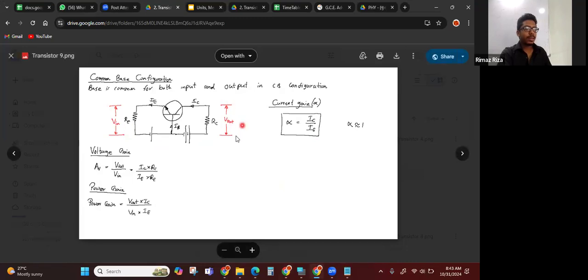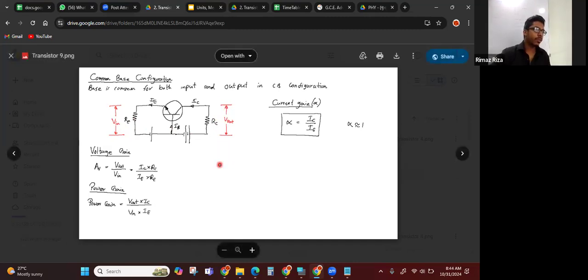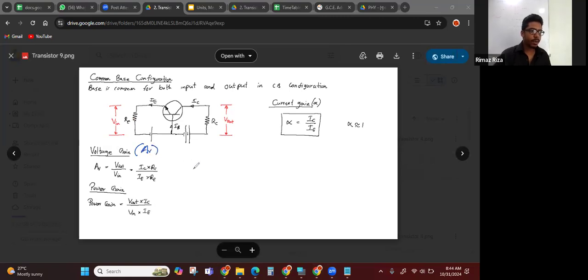So then the circuit is done, and the voltage across RE, the input resistance, is the V input, and this is the V out. Here we can discuss something called voltage gain. How much voltage can be obtained here? Voltage gain we usually mark as AV.